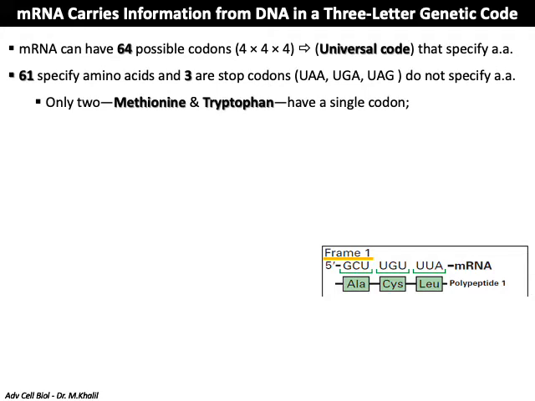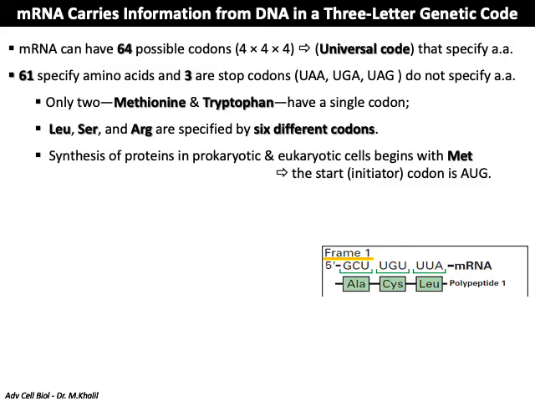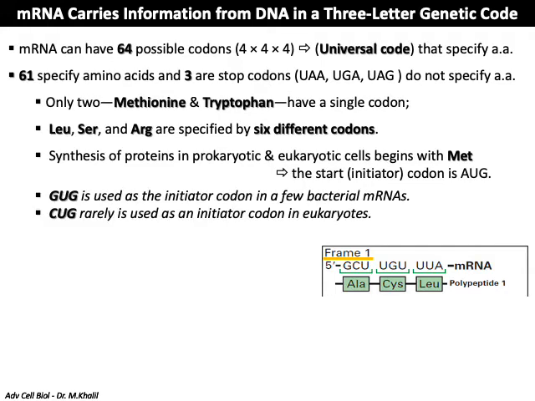Methionine and tryptophan have only 1 single codon, while leucine, serine, and arginine have 6 different codons. The synthesis of any protein in prokaryotes and eukaryotes begins with methionine, where the start codon is AUG. Sometimes GUG is used as the initiator codon in a few bacterial messenger RNAs, while CUG is rarely used as an initiator codon in eukaryotes.